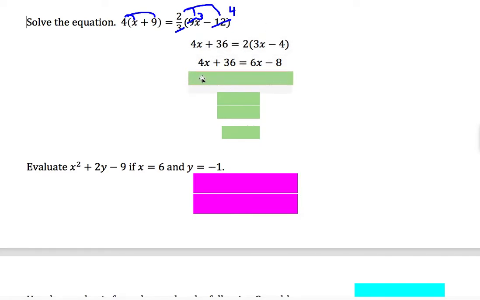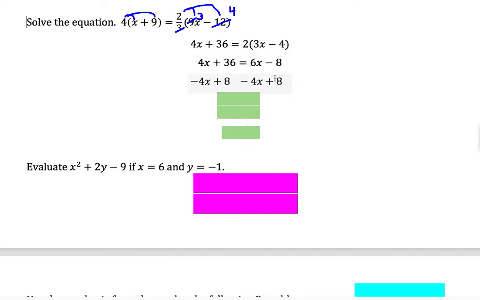Now at this point, we can put everything with a variable on the left side and all your constant terms on the right side. So we're going to subtract 6x from both sides. Oh, sorry, I'm moving the variable to the right and the constant terms to the left.